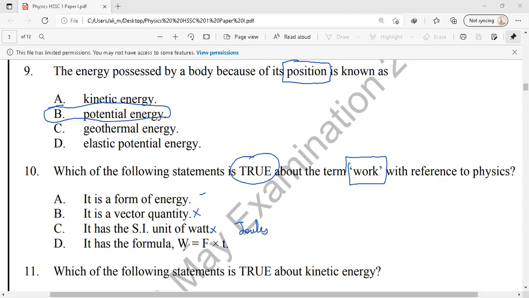It has the formula force multiplied by time: this is incorrect because it is equal to force into displacement. So the correct answer for question number 10 is option A, that it is a form of energy, or work and energy have almost the same meaning in physics.